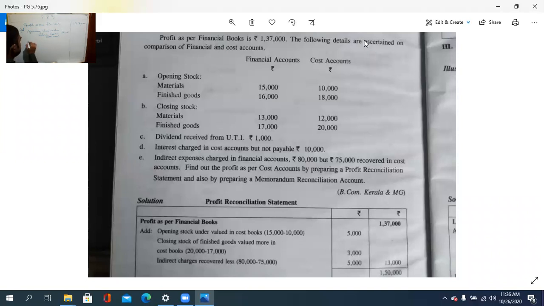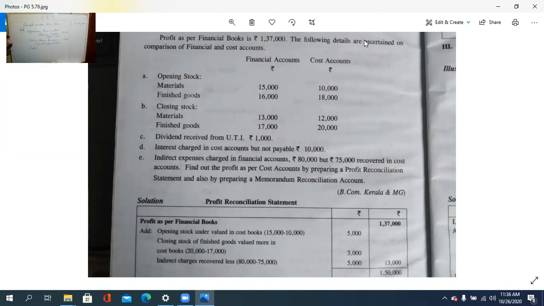Closing stock of finished goods more valued. 20,000 minus 17,000. So it is 3,000. Then what is there? Indirect charges recovered less.